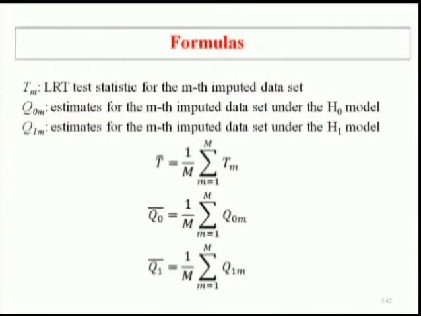So that's a separate run that you would have to do, but that's done internally in Mplus. You fix the parameter estimates at the averages over the multiply imputed data sets for the H0 and H1 model and create that likelihood ratio chi-square test statistic for each of the 5 replications. And then you take the average of that to get the T prime bar. The bar is the average.